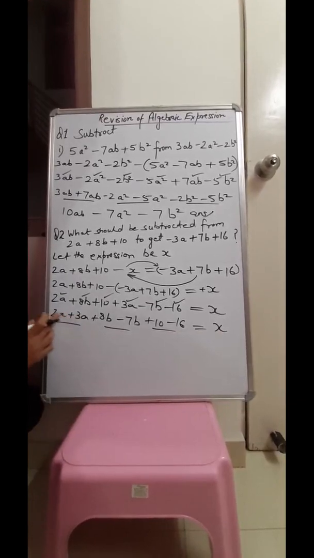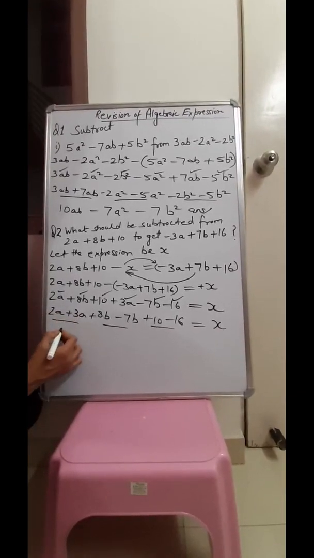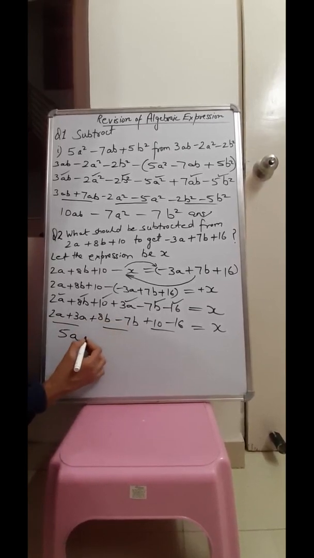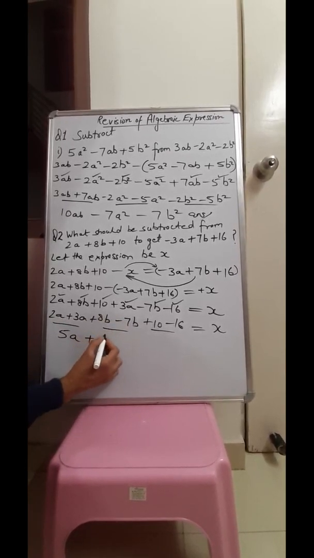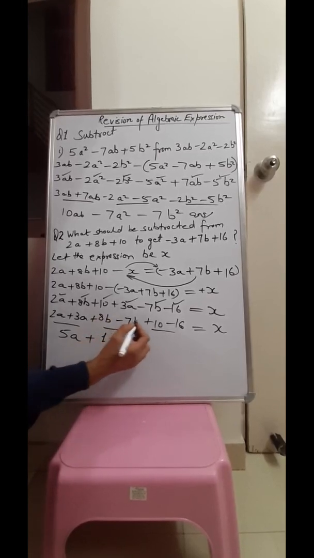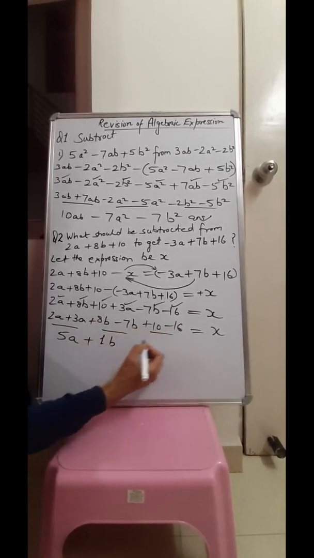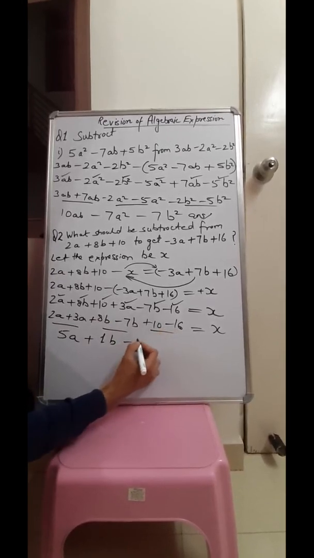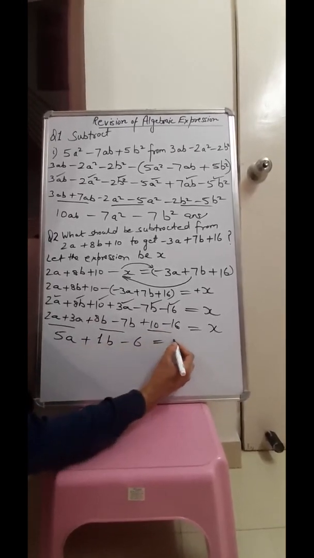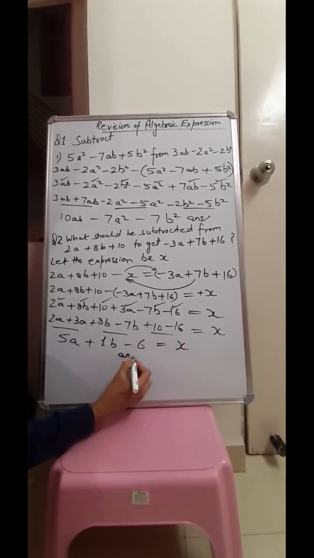So when you solve it, you will get 2 plus 3, 5a, plus 8 minus 7. The greater is in plus, so it will come as 1b. 8 minus 7 gives you 1b, and plus 10 and minus 16. The greater is in minus, so it will come as minus 6. So 5a plus 1b minus 6 will be equal to x. So this is your answer.